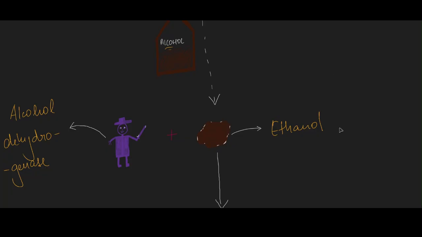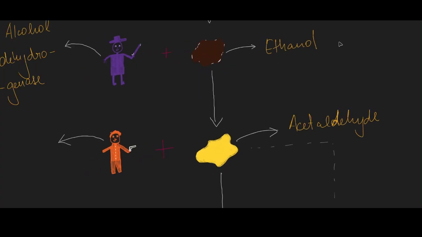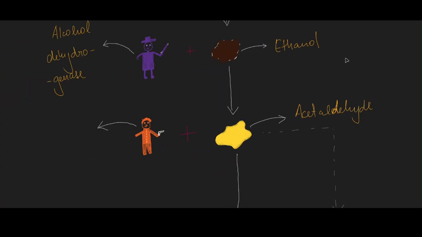Now this enzyme, alcohol dehydrogenase, reacts with ethanol. And what does it give you? It gives you a compound known as acetaldehyde. So now the cycle does not stop there. After the ethanol gets converted to acetaldehyde with the help of alcohol dehydrogenase, it undergoes further metabolism.